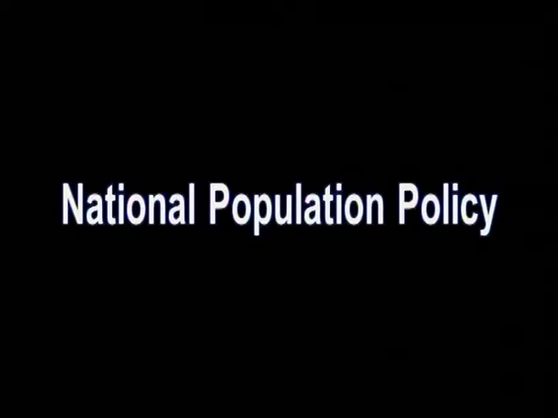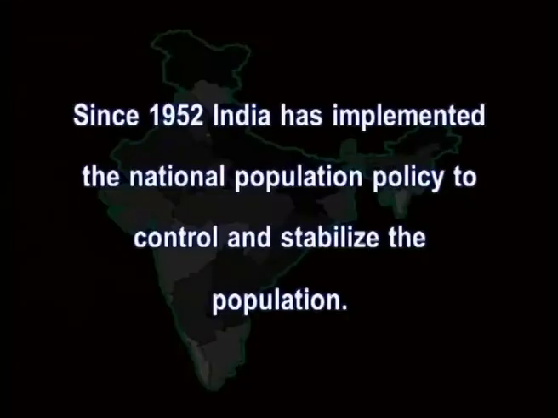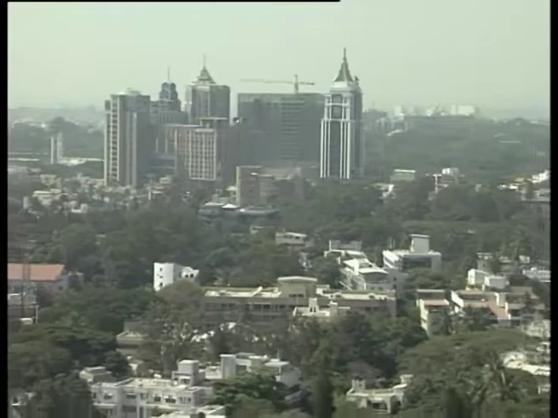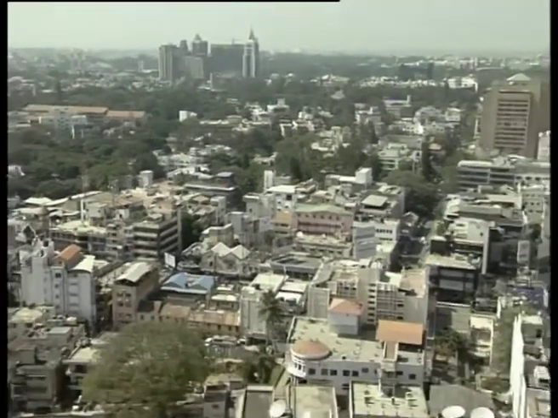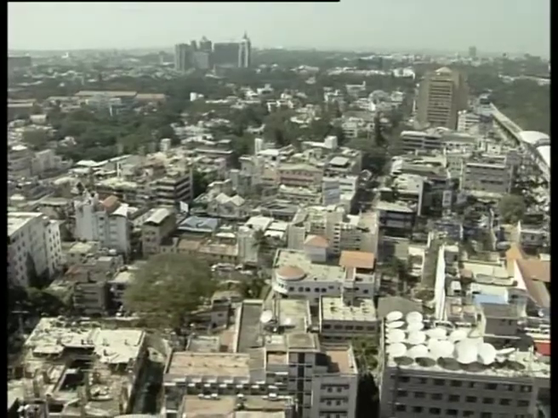The last but not the least aspect is the national population policy. Since 1952, India has implemented the national population policy to control and stabilize the population. It would lead to the country's development and also bring a qualitative change in people's lives.